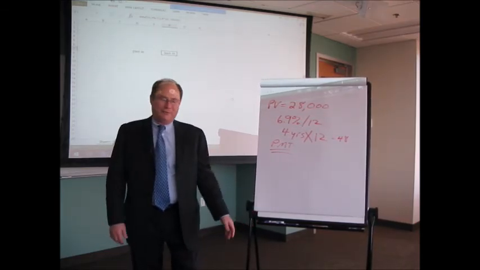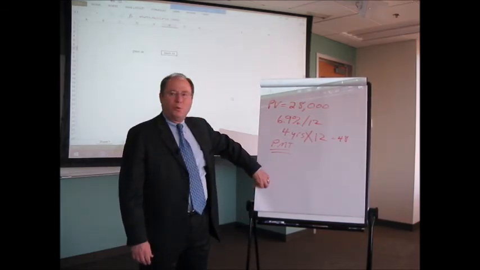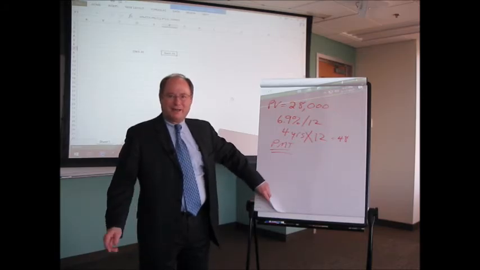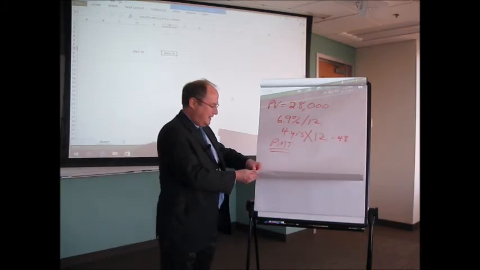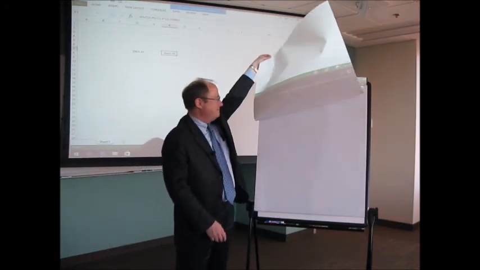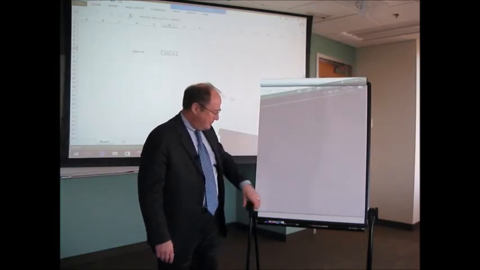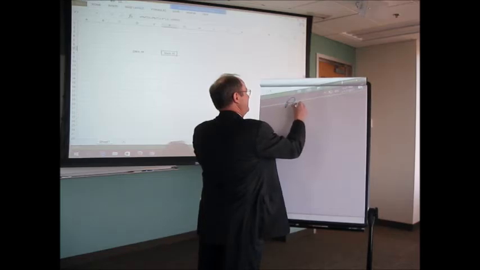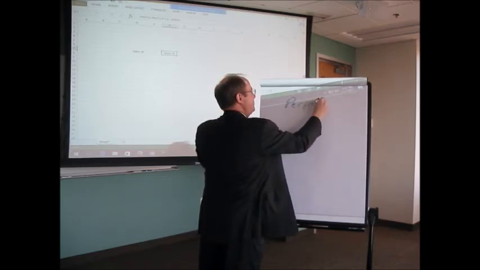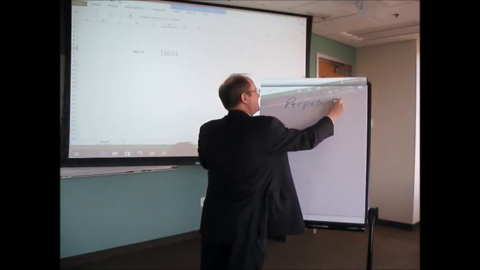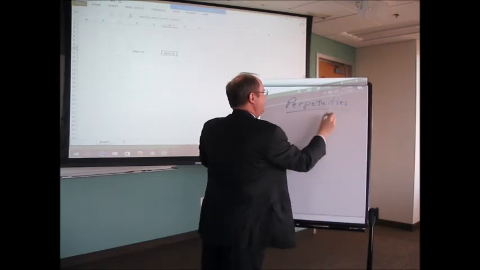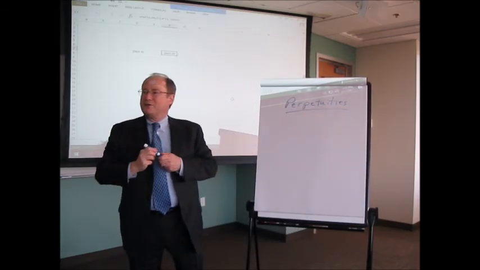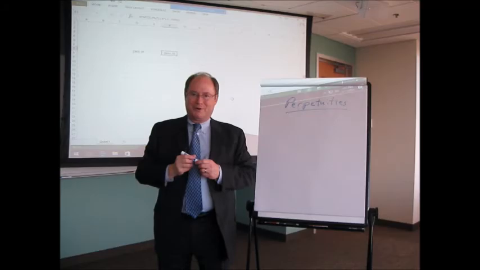All of this is wonderful, but there's one button you cannot find on Excel, and that's the infinity button. There is something called perpetuities. And a perpetuity basically says that you are going to receive a payment of a certain amount of money forever.